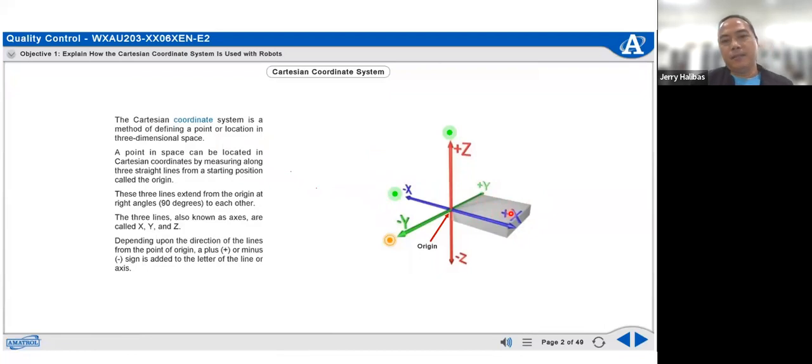So how will you know that you are dealing with the YX plane? If you're going to draw a line, the Z value doesn't change. It's a constant Z value, whereas your X and Y axis values, coordinates, change one at a time.